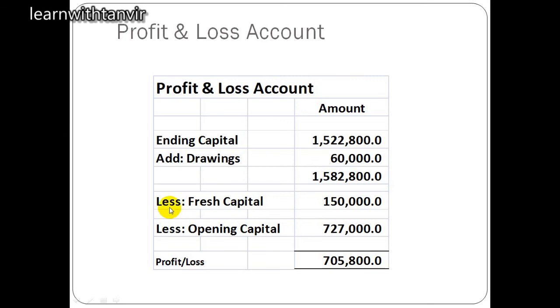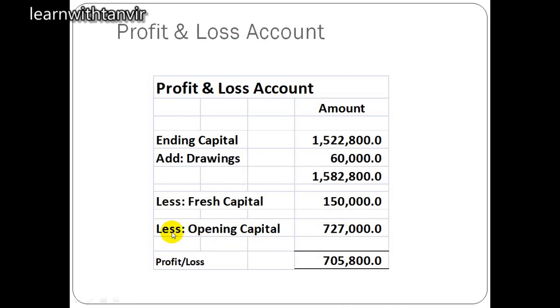We have also minused fresh capital because this amount was not earned or gained through normal business operations. Actually he introduced this amount out of his pocket, or he got it from his father, or sold off some shop of his, or it was his savings, but this was not gained through normal day-to-day business operations, therefore it will be minus.